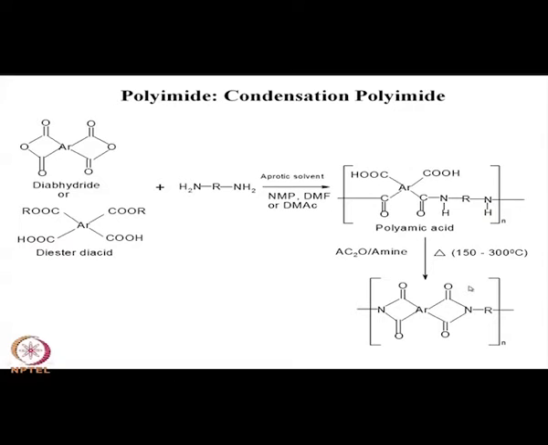Also, it gives a very good bonding with the fiber; this matrix resin gives very good interface bonding with the fiber surface. So, if a high aspect ratio fiber is used as the reinforcement, and this polyimide is used as the matrix resin, one can obtain a very high performance, thermally stable and strong composite.